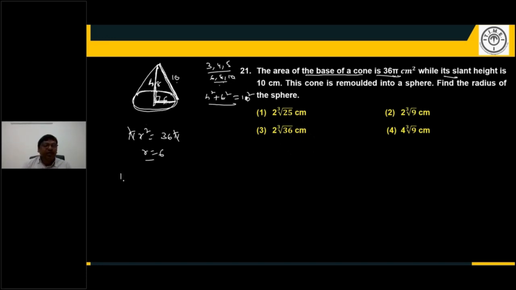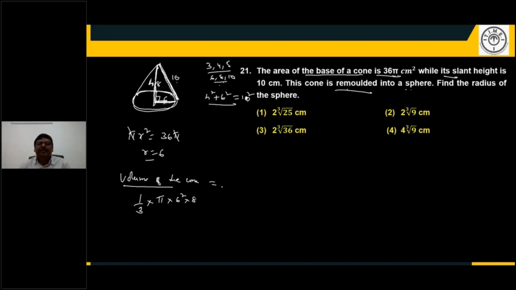Now students, what is the volume of the cone? Volume of the cone will be 1/3 pi r square h, 1/3 pi into 6 square into height 8. This is the volume of the cone. Students, whenever something is remolded, melted and formed into something else, or cast into something else, the volume of the original one should be equal to the volume of the new figure you are getting.